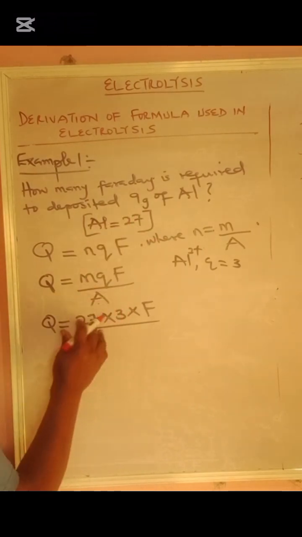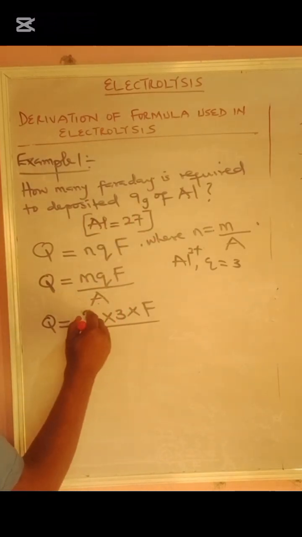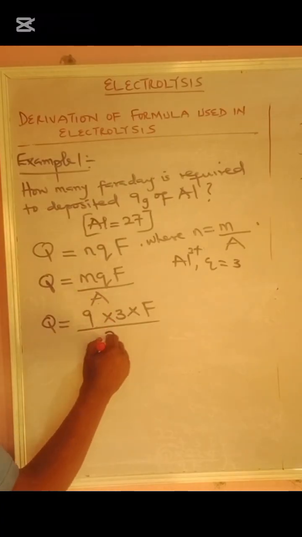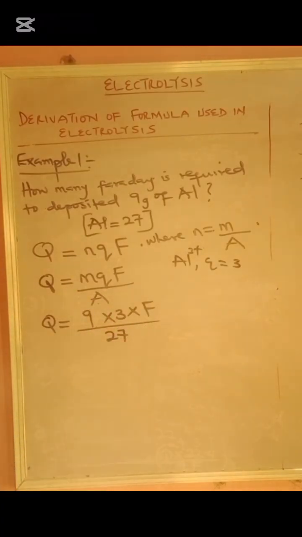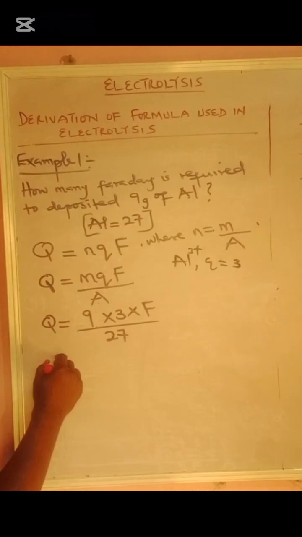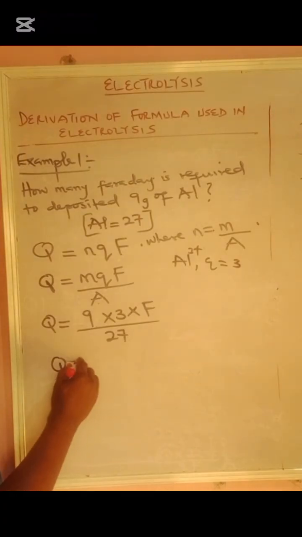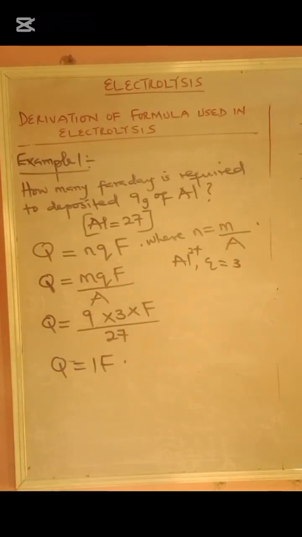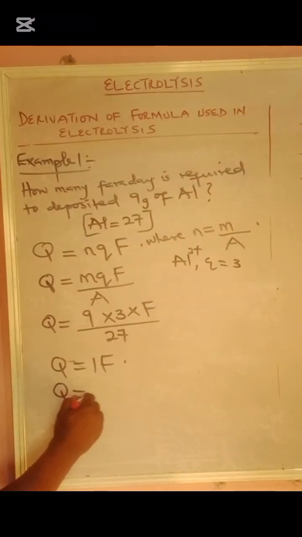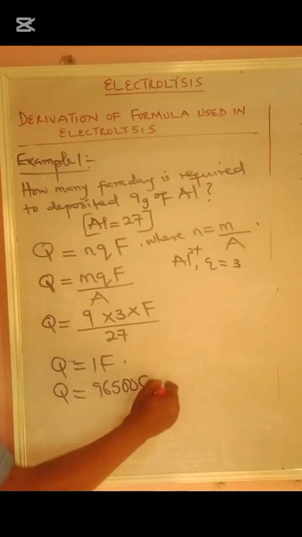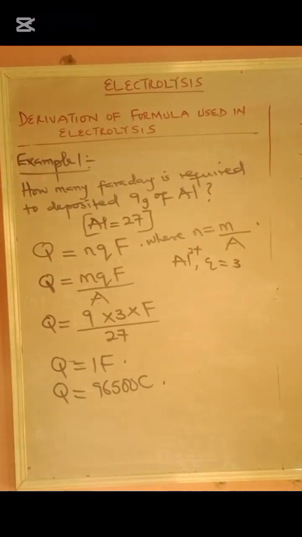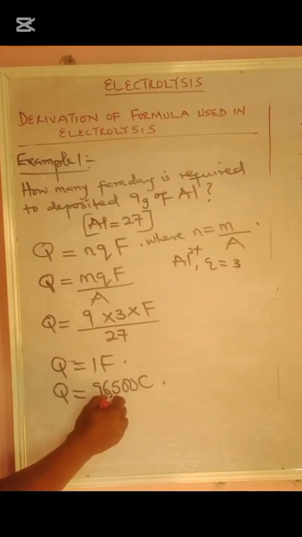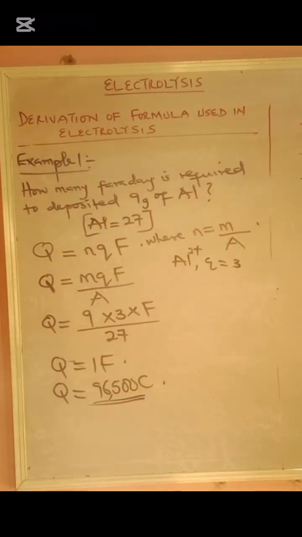The mass of aluminium is 9, over atomic mass 27. So 9 over 27 times 3 is equivalent to 1 Faraday. If you like, convert this to Coulomb. It will be 1 times 96500 Coulomb. Straightforward. That is example 1.